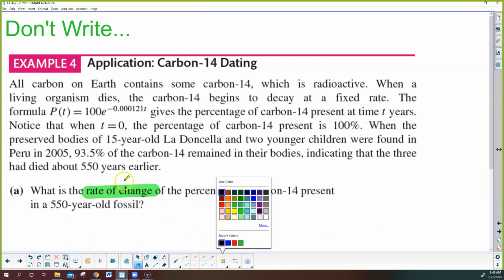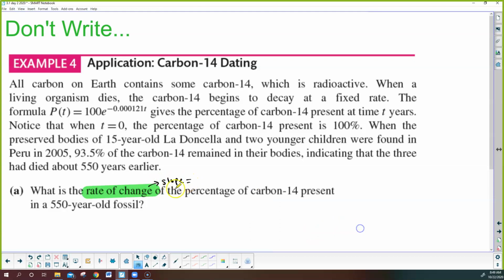Now, if we were given 2 data points, that was slope. Right? Rate of change is just change in y's over change in x's. But in this case, you're going to learn a little bit in a little bit. The time is one single point. This is really your instantaneous rate of change, which all they're asking for is the derivative.